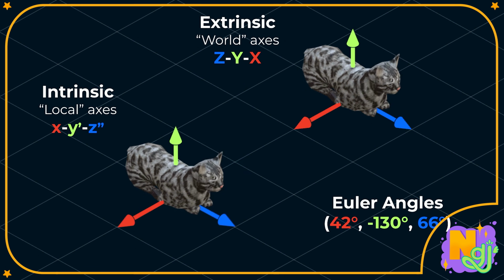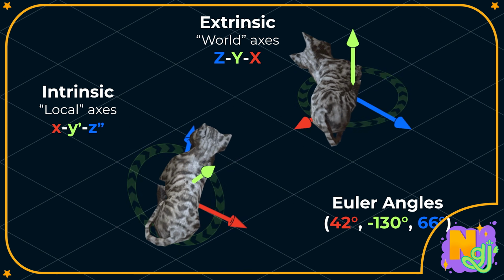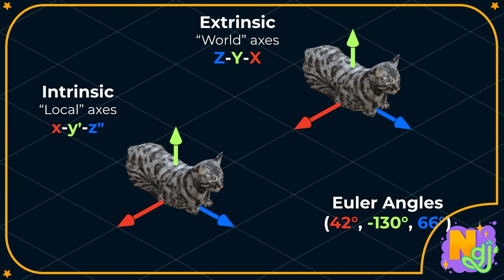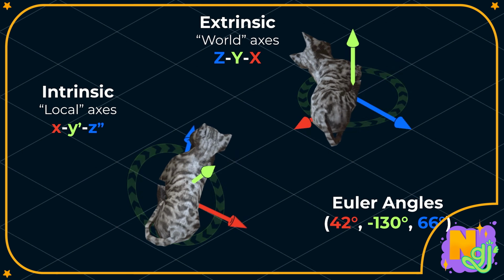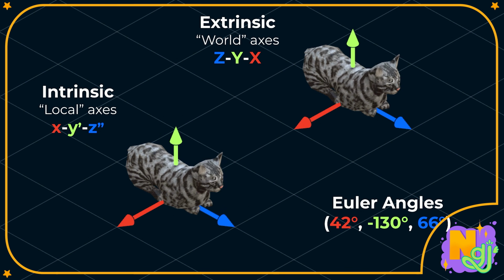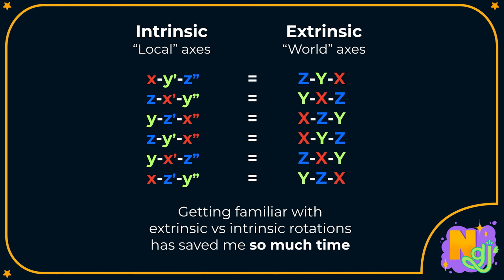The more accurate terms for this are intrinsic and extrinsic. Intrinsic is its own rotation space. Extrinsic is the parent space, so the world space rotations. It's kind of cool that they actually line up that way. That way, we don't duplicate our standards to have even more standards, right? So the rotation order of intrinsic axes is the same as the extrinsic axes if you swap the order of those.